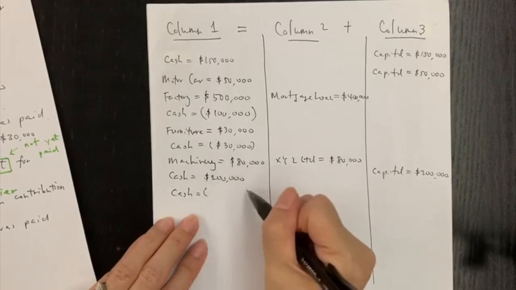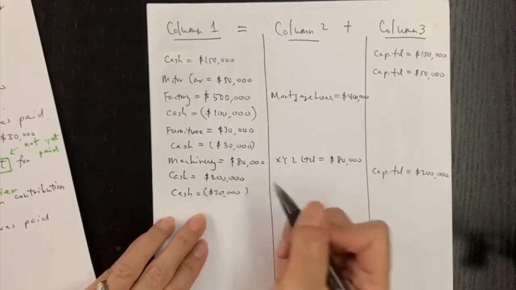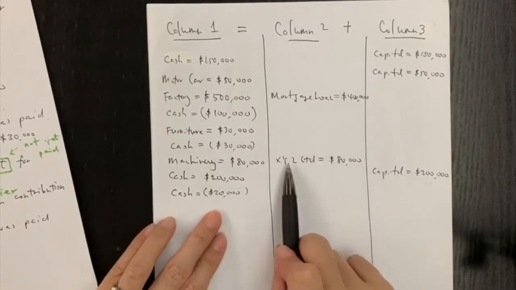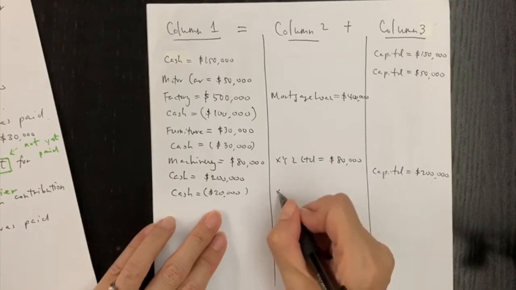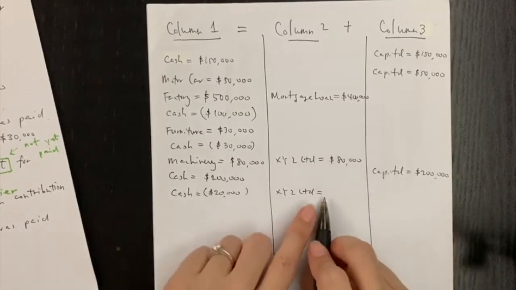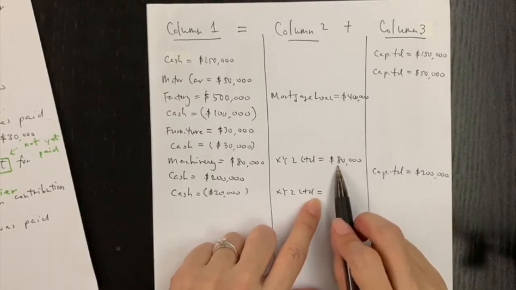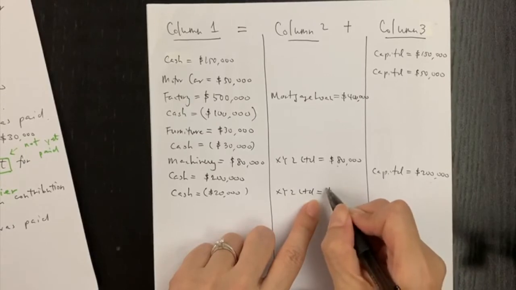So I use bracket for the negative one, so which is 20,000. Okay, and then we pay money to settle the amounts we owe to XYZ Limited. So XYZ Limited.